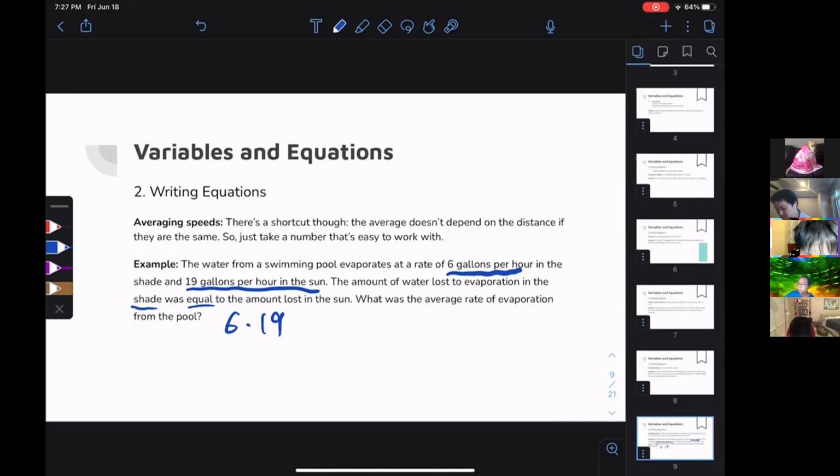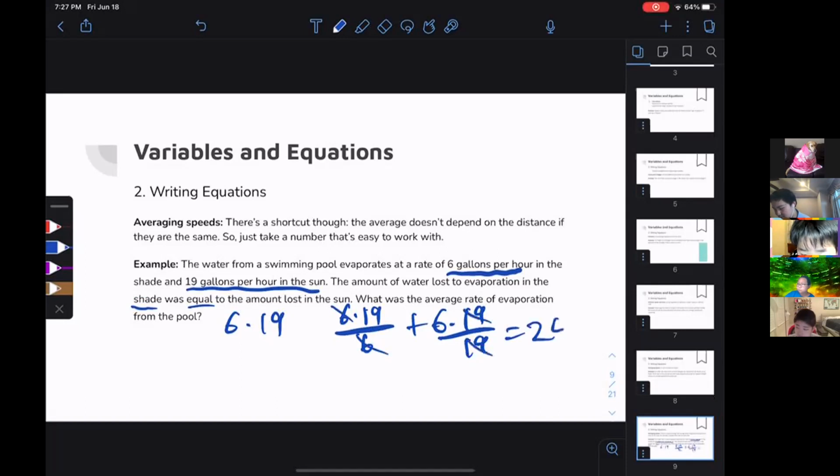Then the total time would be 6 times 19 gallons over 6 plus 6 times 19 over 19, which is conveniently just 6 plus 19, which is 25. That should be 25 hours total.